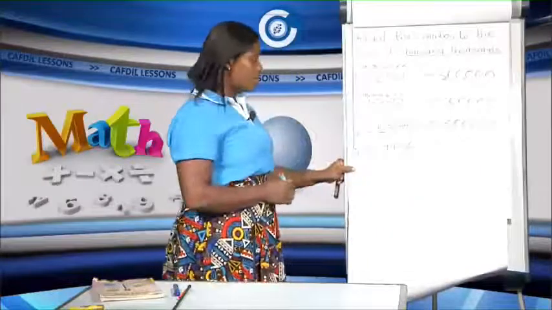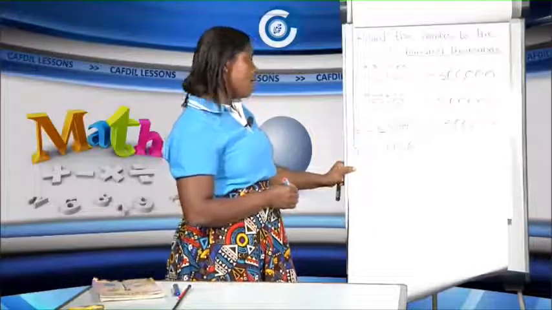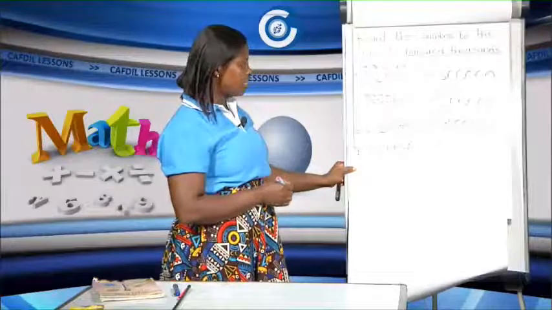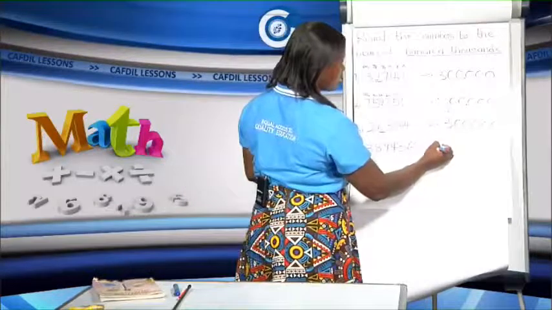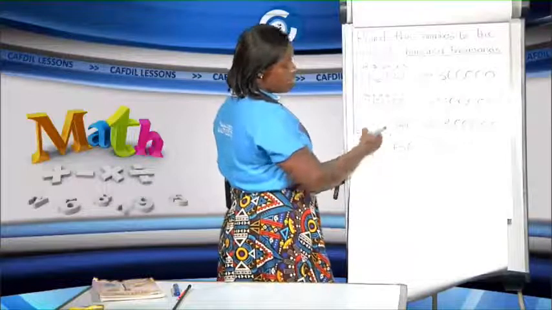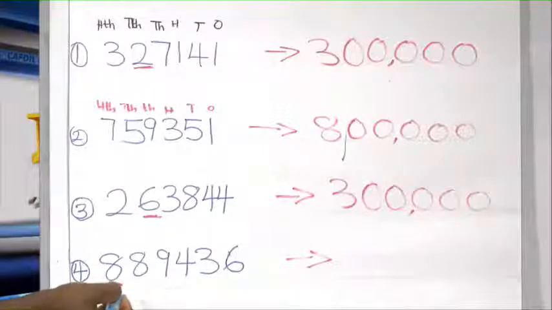Let's look at the last example under the 100,000s. We have 889,436 to the nearest 100,000s. This is the 100,000s place. Let's go right next door, the 10,000s place.